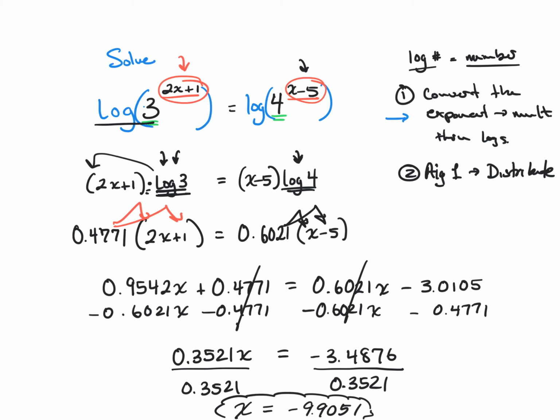So my answer down here of negative 9.9051 is skewed. We want to try not to skew it until the very end, when we round to the decimal value that we properly need. Okay, so that's it.